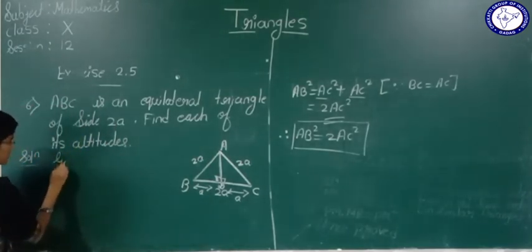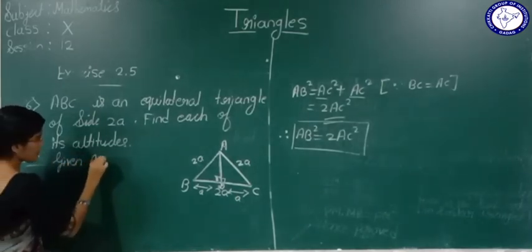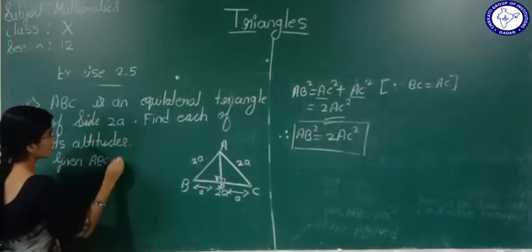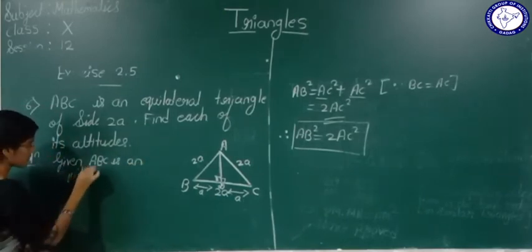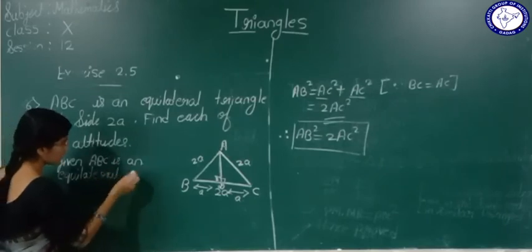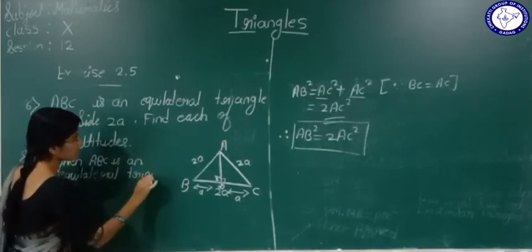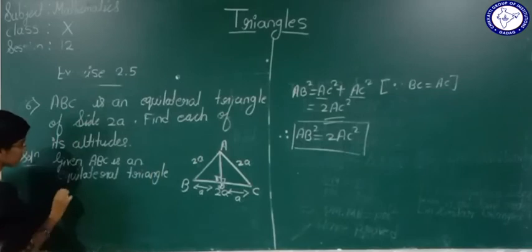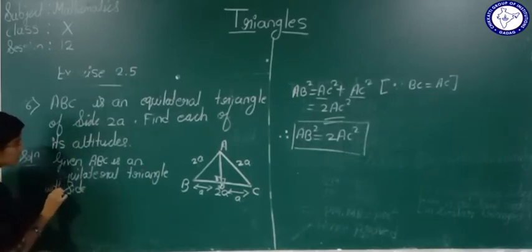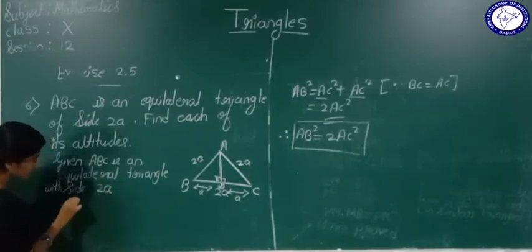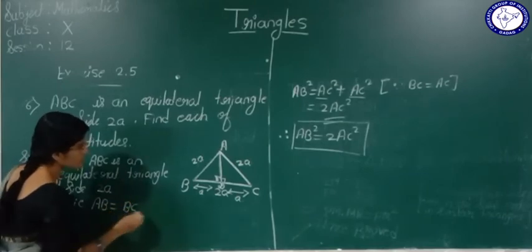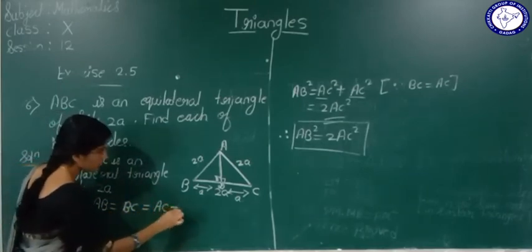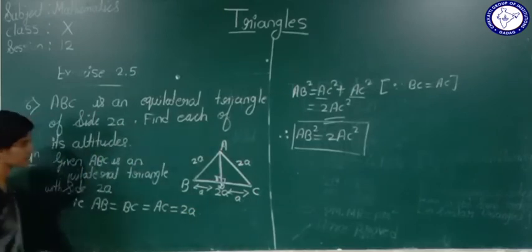Say, given: ABC is an equilateral triangle with side 2A, that is AB is equal to BC is equal to AC is equal to 2A.